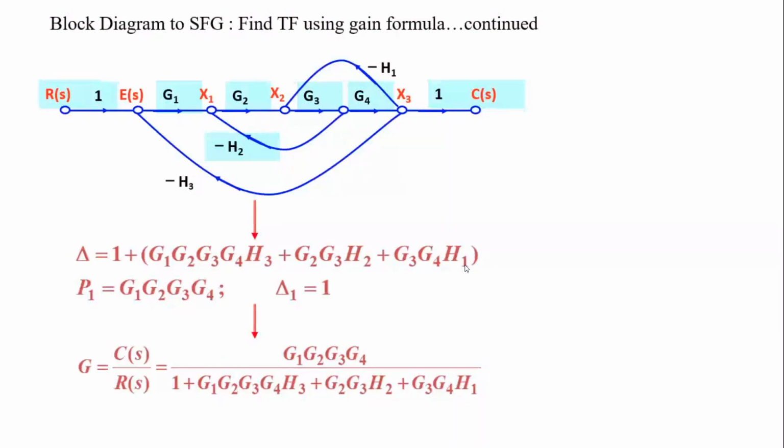No, here H3, H2, H1 are minus, right? So when you take that minus outside, it is minus H3, minus H2, minus H1. So the loop value will be minus G1 G2 G3 G4 H3.